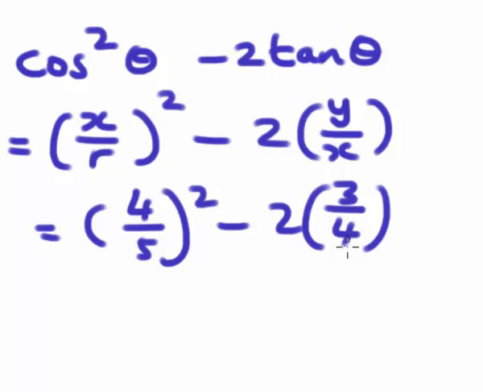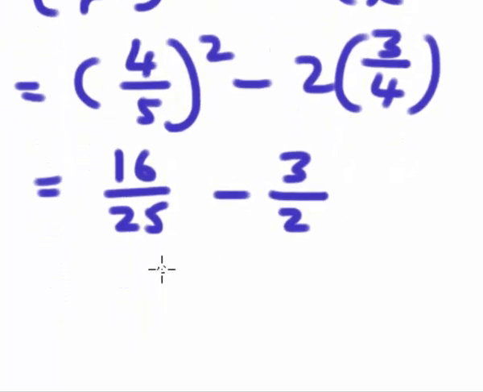Then all you need to do is use your calculator or whatever to work this out. You don't even need your calculator for this one. 16 over 25 minus 6 over 4, and 2 goes into 4 twice, so it's 3 over 2. Then all you need to do is get the lowest common denominator, which is 50 in this case.